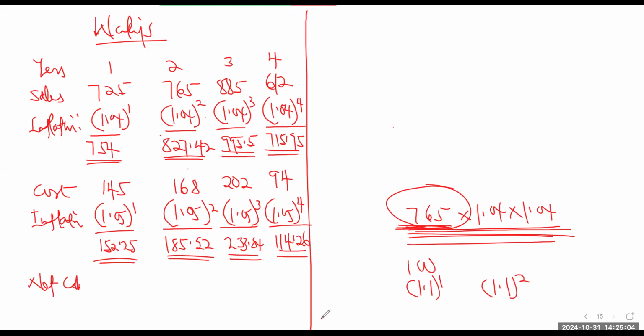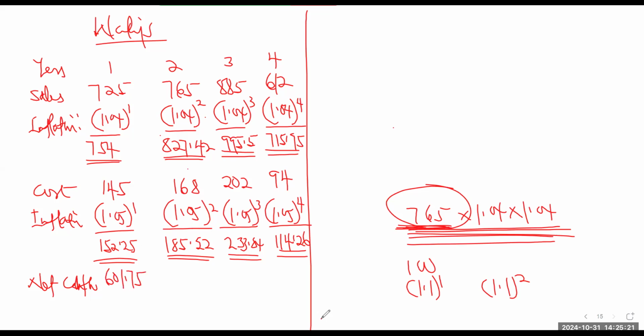What will be the net cash flow from each of them? Year 1 is 601.275.